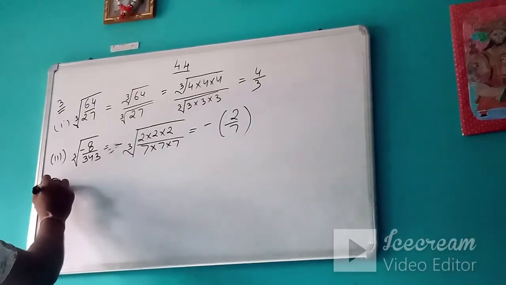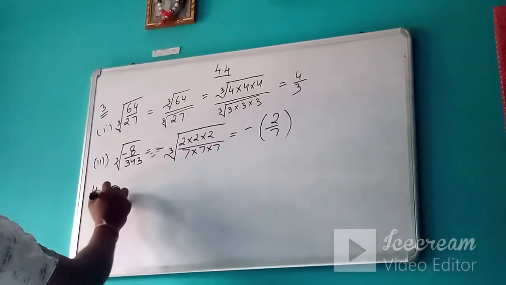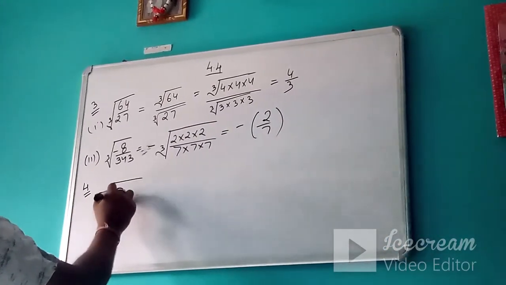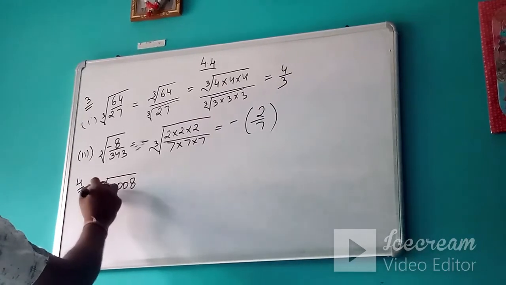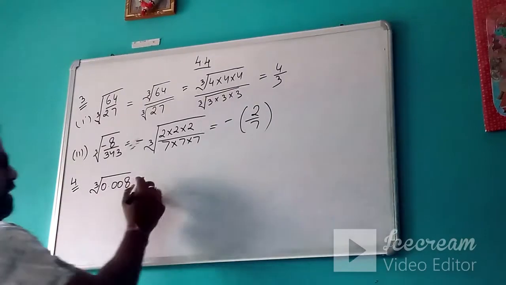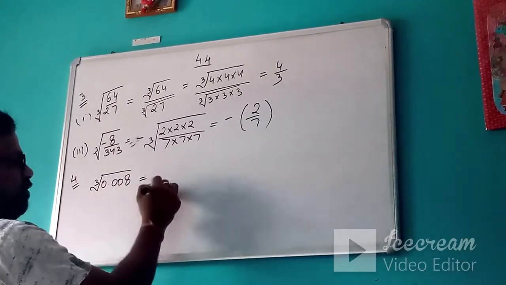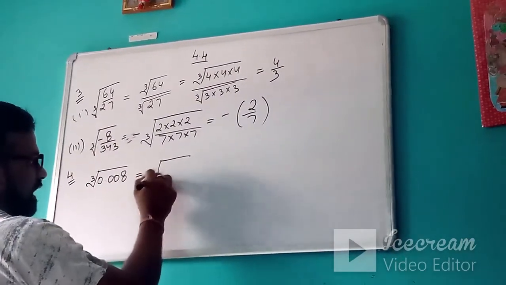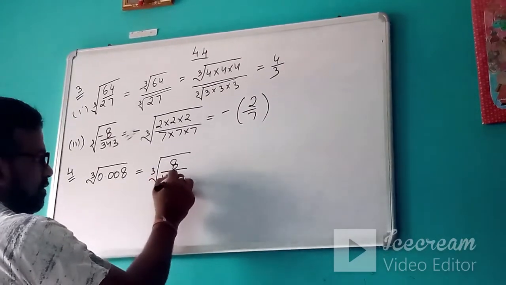Now suppose we have to find the cube root of a decimal number like this. First we will remove the decimal, like this, 8 upon 1000.